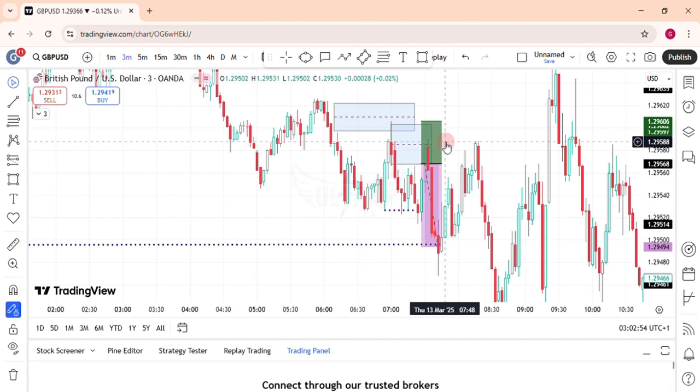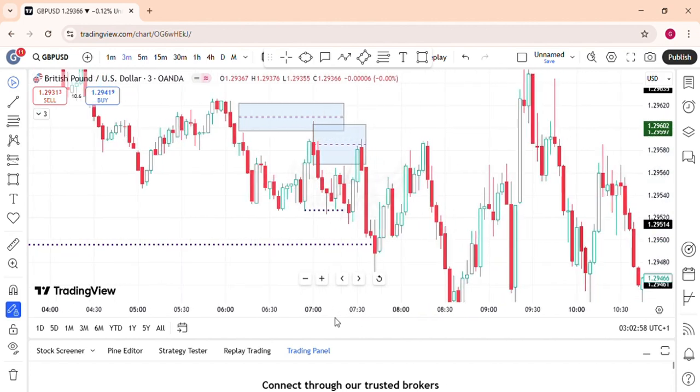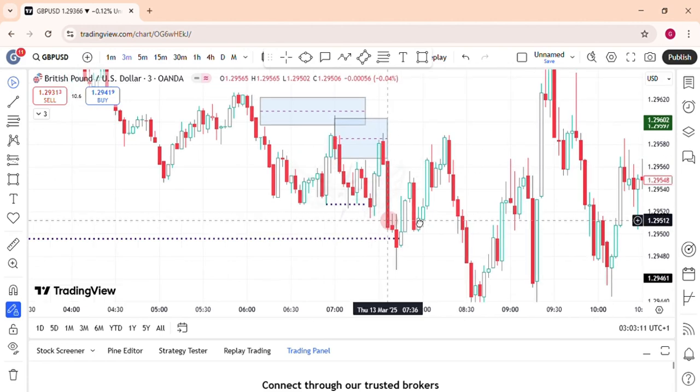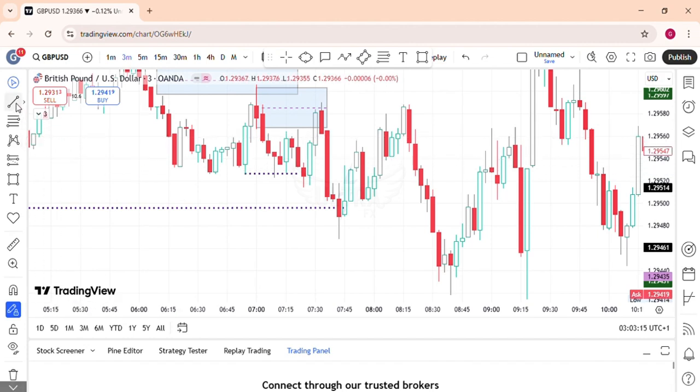So now let's take this one out to show you that entry. Now remember that this is a fair value gap price tapped into. After it tapped into this one, this fair value gap now created a break of market structure right here. Let's look at the break of market structure here.